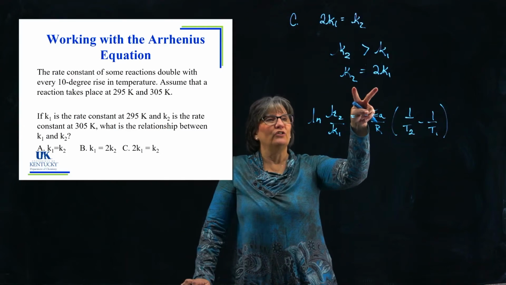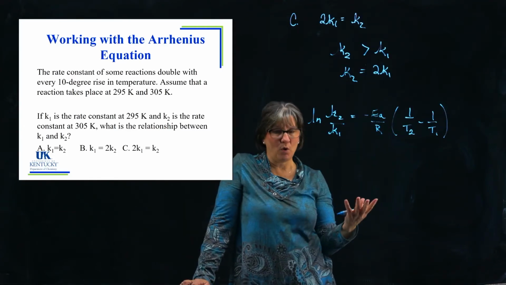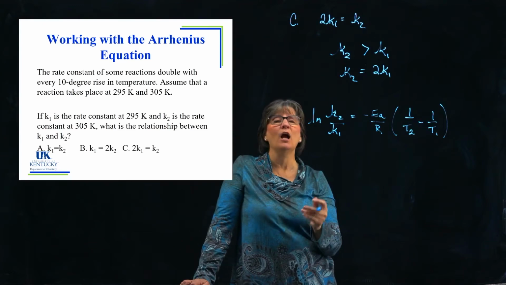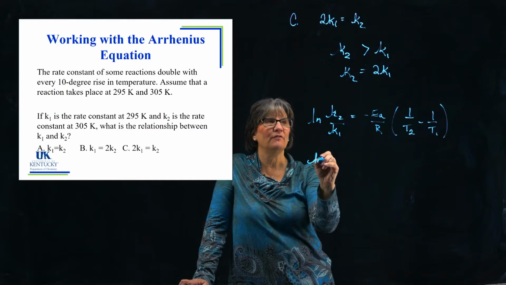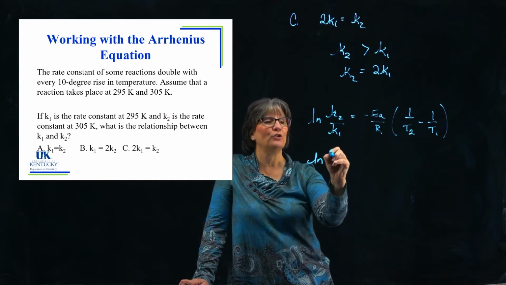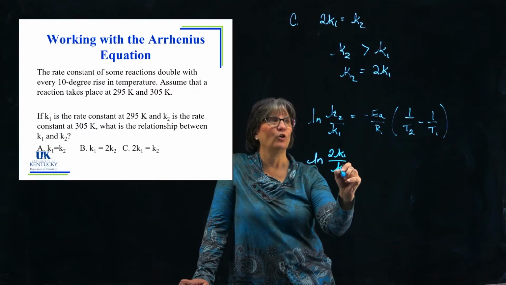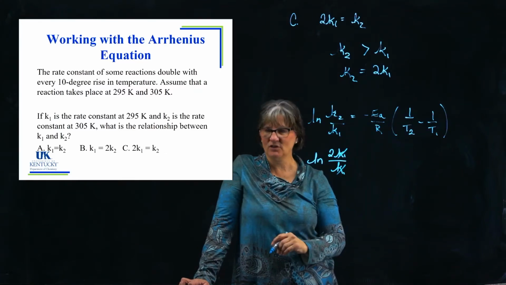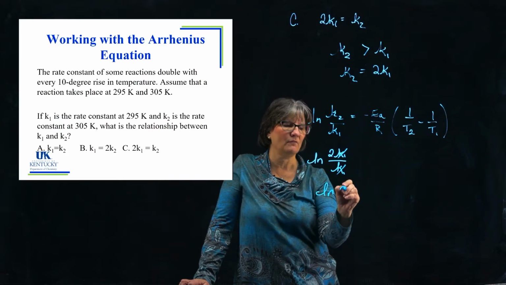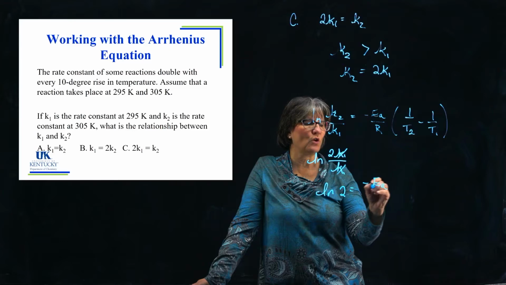Here is where we'll use this information because I wasn't given real numbers to plug in. If I was, I could put in those values of K, but all I was told is that it's doubling. So in place of the K2, I will put 2 times the K1. It doubled, so it's twice as fast. I don't do any replacement for the bottom one, and the K1s cancel, and I have the natural log of 2 is equal to negative E sub A, which is what I'm trying to solve for.